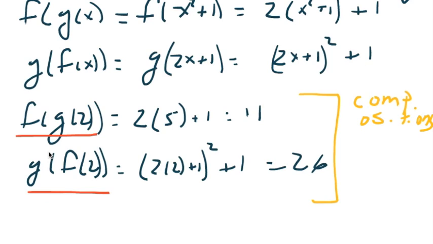Now, let's look at compositions as they relate to trigonometry. At the top of page 321, example 7, you have a composition of a trig function, tangent of the arc cosine of 2/3.